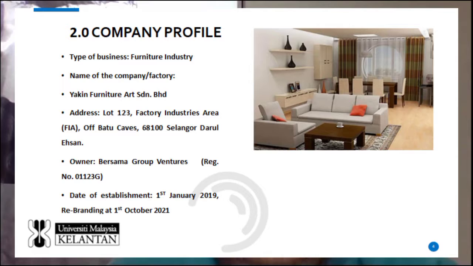It was established on 1st January 2019, and we launched the new branding on 1st October 2021. So now we are preparing the task, including costing for the furniture project.